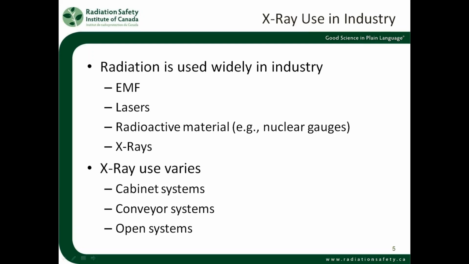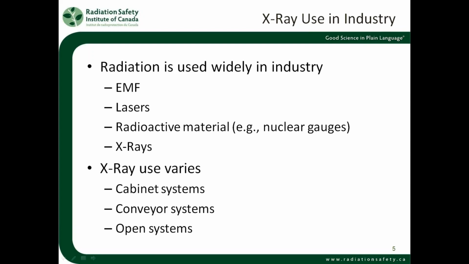I think many people are aware that radiation is actually used widely in industry. This is not limited to X-rays. It may also include electromagnetic frequency radiation, lasers, the use of radioactive materials such as nuclear gauges, but it does also include X-rays. X-ray use can vary quite significantly depending on the use that's needed.